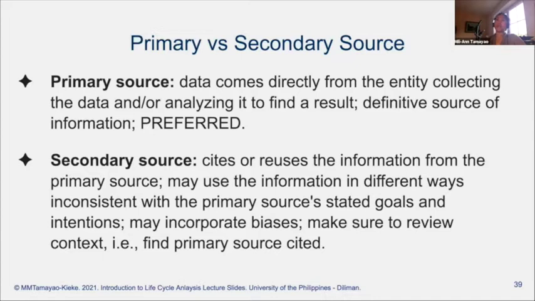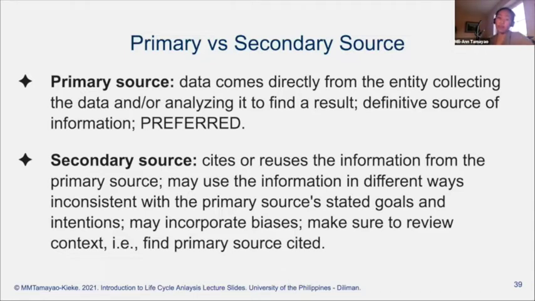Kasi when you later on review materials, literature, you have to watch out that when you encounter secondary sources, the data are actually presented in alignment with the original intention, the original goal why that data was obtained. Kasi in some cases, they can be manipulated, di ba? So you always have to take this into consideration.